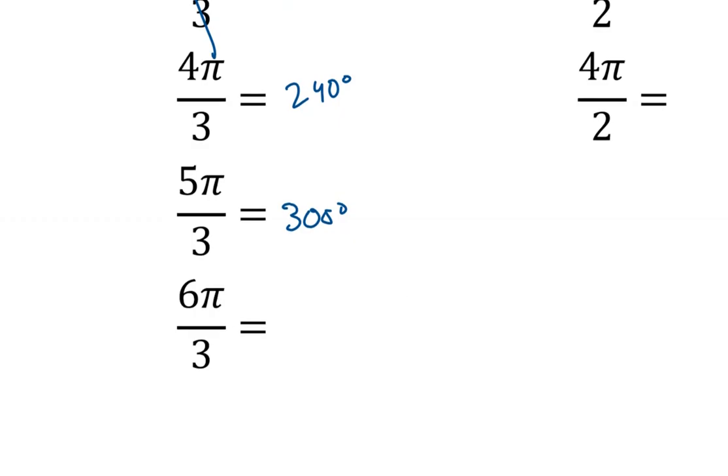And 6 pi by 3, well, that's reducing is 2 pi, which is 360, which is also 5 pi by 3 plus 1 pi by 3, which is 300 plus 60, which gives me 360. But when I'm adding fractions, I add with the common denominator. So if I have 5 pi by 3s, I add 1 pi by 3 to get 6 pi by 3s, which is 2 pi. That gives me my 360, which is a full circle, which we've already talked about. See how this works?